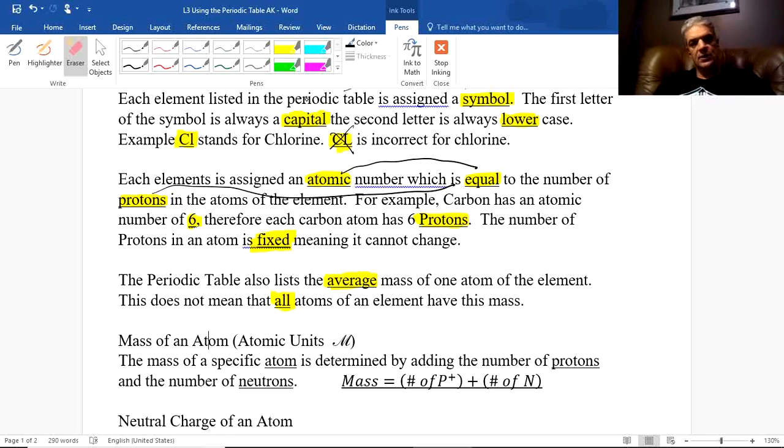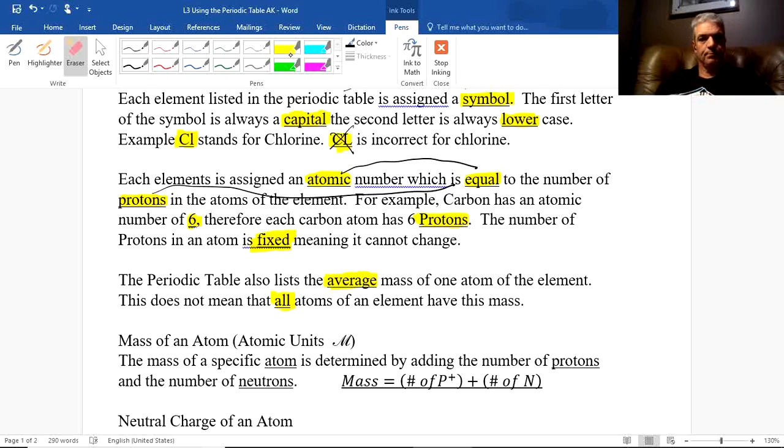You'll see me use that to represent the units, atomic units, not kilograms, not pounds, it's mass in atomic units. Now the neat thing is one proton or one neutron has a mass of one atomic unit, and so all of our answers come out to whole numbers, so it's kind of nice that way. And yet you'll notice that most of the averages do not come out to whole numbers.